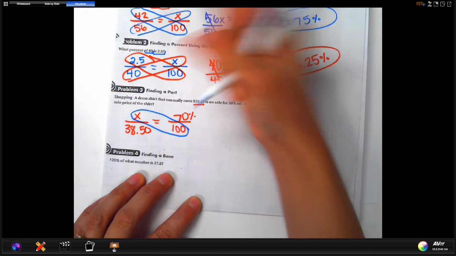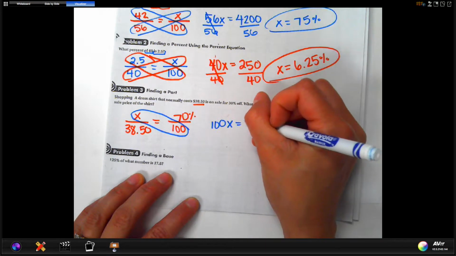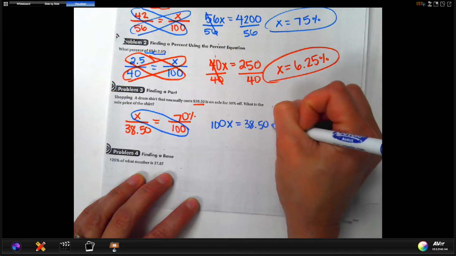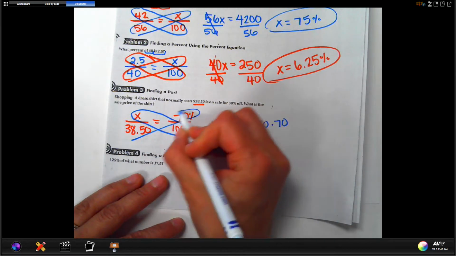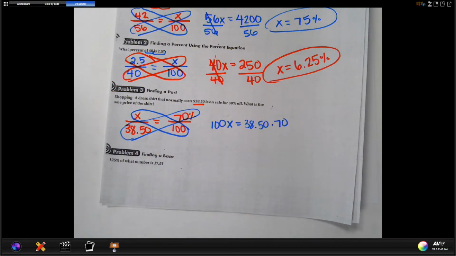So I'm going to do 100 and X first. And then I'm going to do the 38.50 times 70. Now that one I wrote out because I don't know 38.50 times 70 in my head. Okay? So let's figure out what it is. 38.50 times 70.